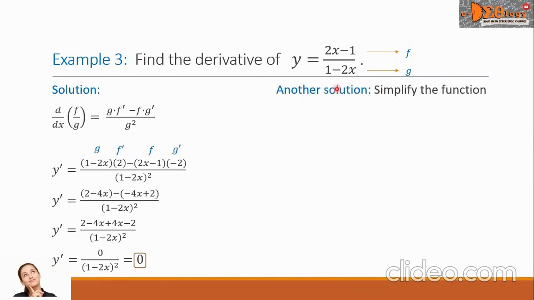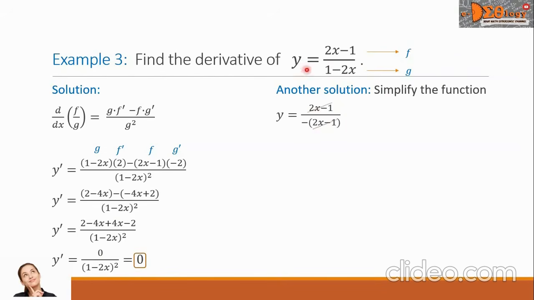Now let us consider another solution here, and that is to simplify the function first. Observing our function here, we can rewrite our denominator, and from here we can see that we can cancel out the numerator and the denominator respectively.